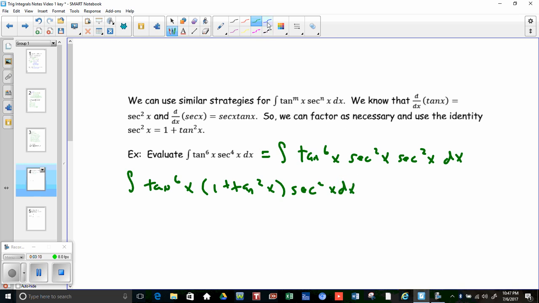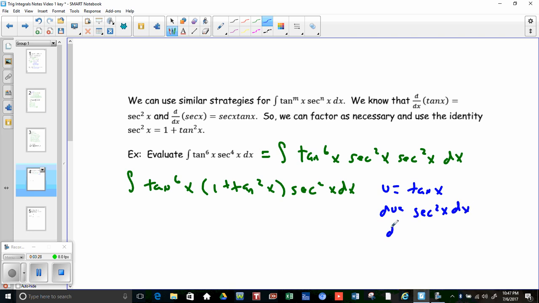So then our u substitution would make the most sense to be tangent x. Once again, du is secant squared x dx.